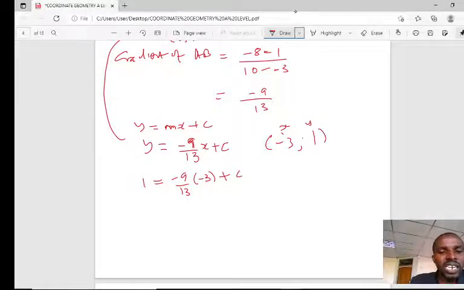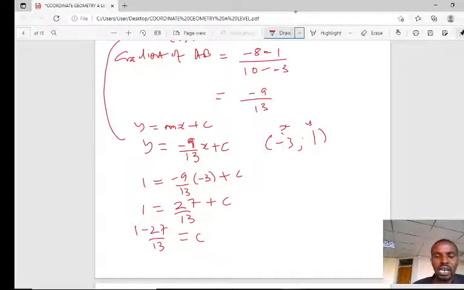Then you simplify here: 1 equals 27 over 13 plus c. Then 1 minus 27 over 13 equals c. What do we get?